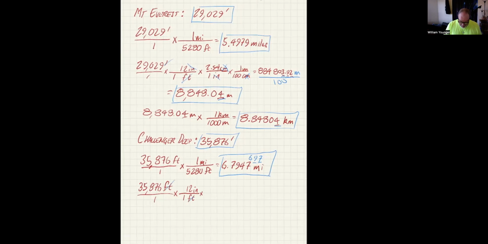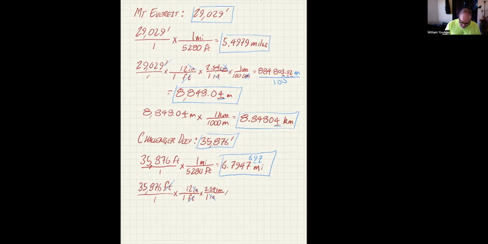I also know that 1 inch, there I go again with my wrong color. I know that 1 inch is equal to 2.54 centimeters. Again, that's an exact conversion as of like 1959-ish. So that means, again, we're only limited by the number of sig figs we put in. And now I'm down to centimeters, but I really want meters.